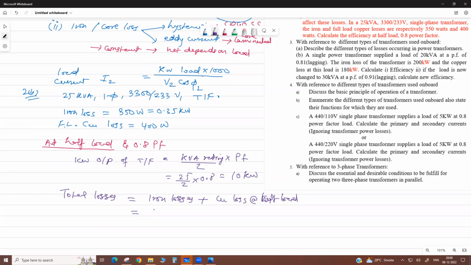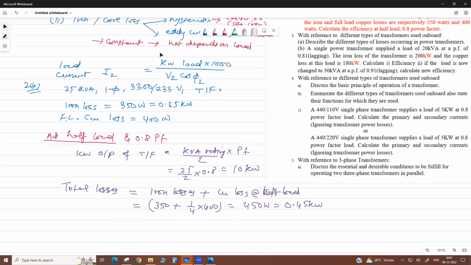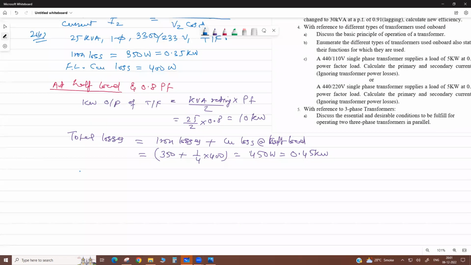So this is like 350 plus 1/4 into 400. So then it comes only 100, no, it comes 450 watt, or it is 0.45 kilowatt, losses.